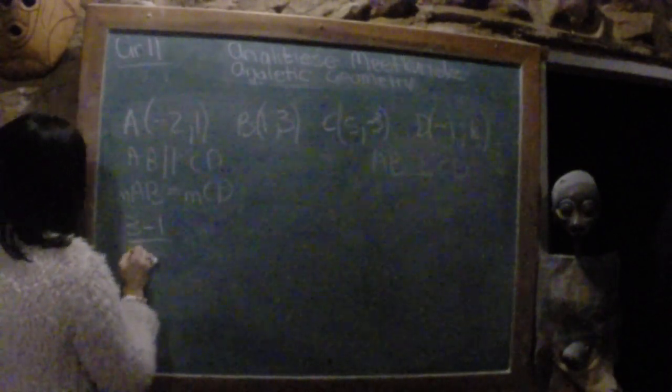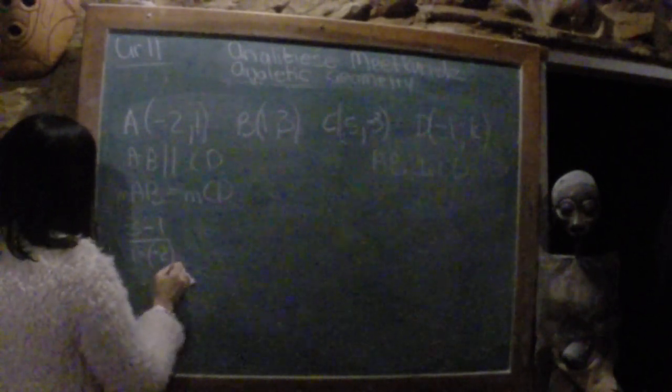So that gives me 2 over 1 minus minus 2.